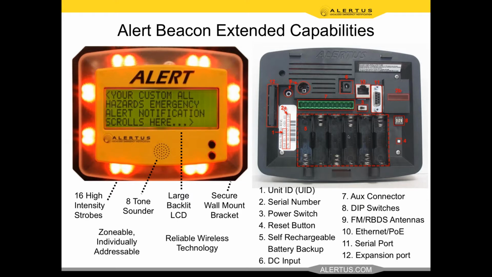Serial ports allow you to expand and include LED marquees, text-to-speech, those kinds of things. There's the ability to plug in both AC and DC power, an on-off switch, and then you'll see number 7 there provides a variety of inputs and outputs to interface contact closures, those kinds of things, for interfaces to access control, fire panels, on a very basic level.